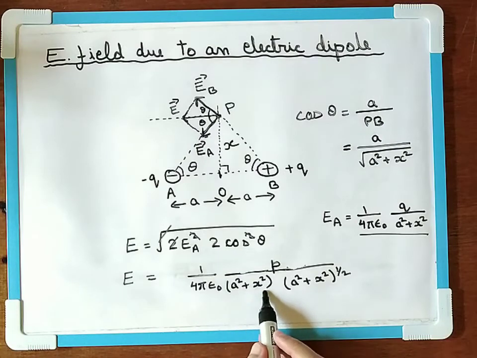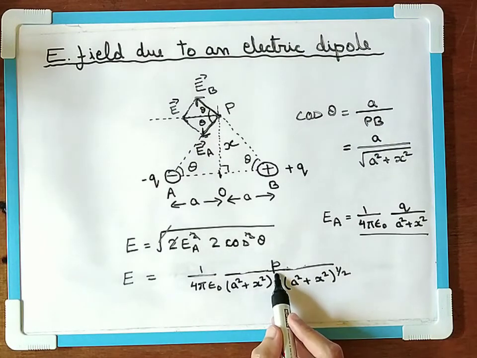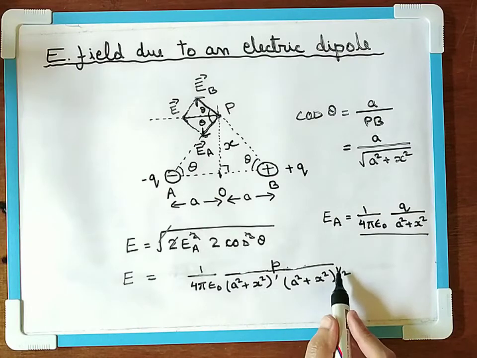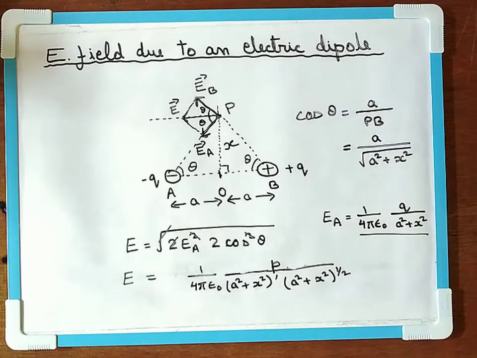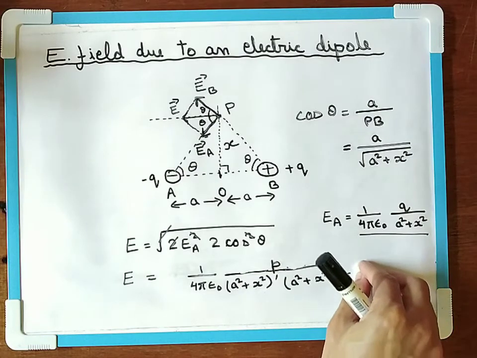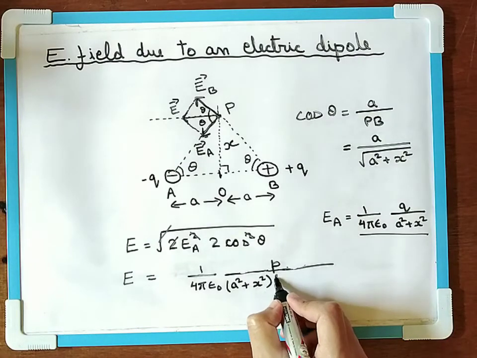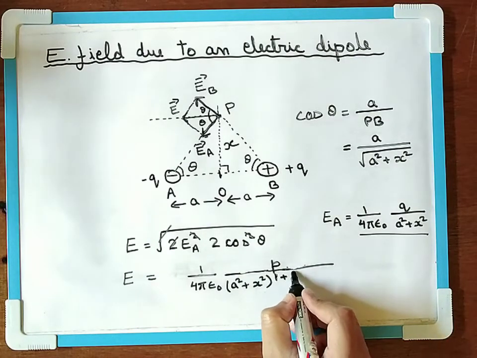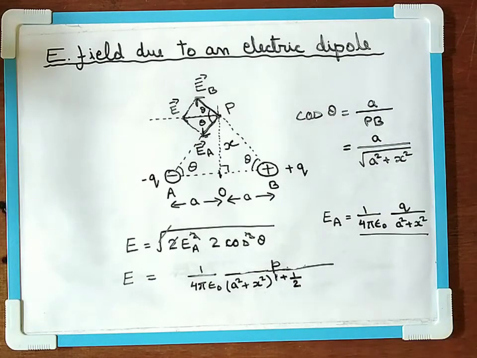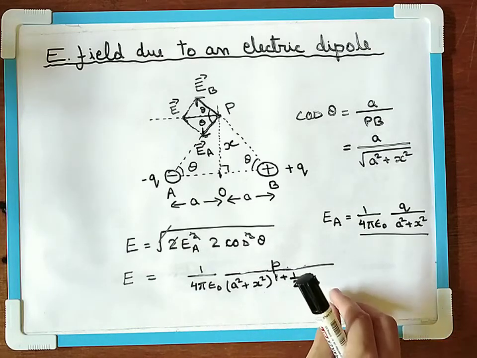Now a square plus x square is to the power 1. Then here a square plus x square again is to the power half. So here we can add 1 plus this half. So the expression will now become 1 by 4 pi epsilon naught p, then a square plus x square to the power 1 plus half. Now 1 plus half, if you add this, you'll get 3 by 2.